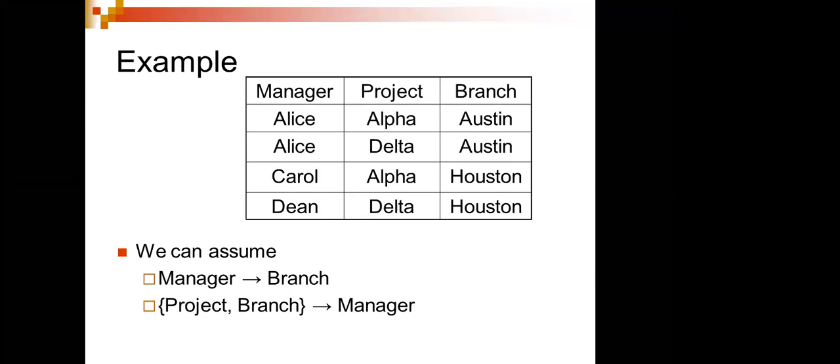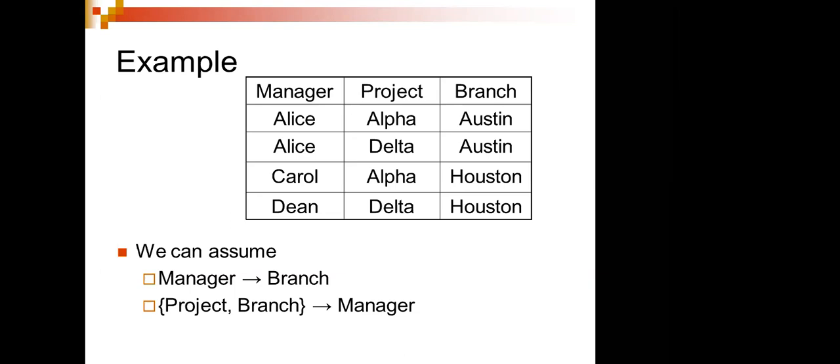So how will we see this? If you take the example, we have three attributes: manager, project, and branch, with data like Elias, Alpha, Austin, and so on. Here, manager depends on that particular branch. For which branch is he a manager, or which bank is he a manager of? Project and branch come from the particular branch manager.